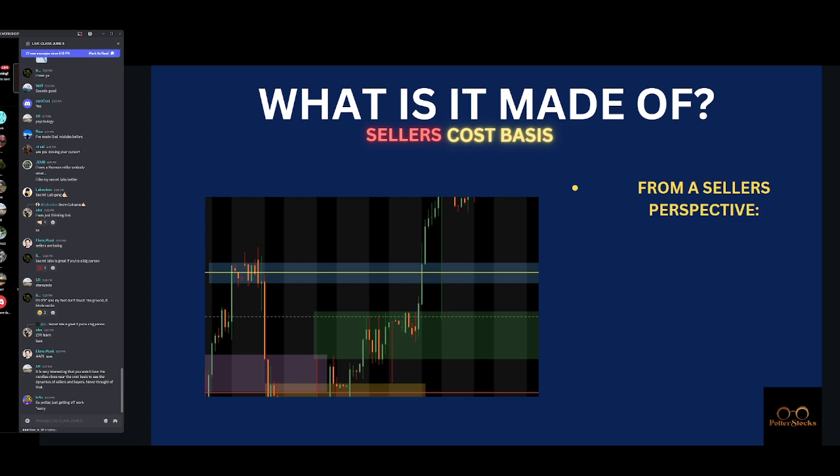In this example, the charts will speak for themselves. Actually, let me give you this example. I made close to $50,000 on Nikola.